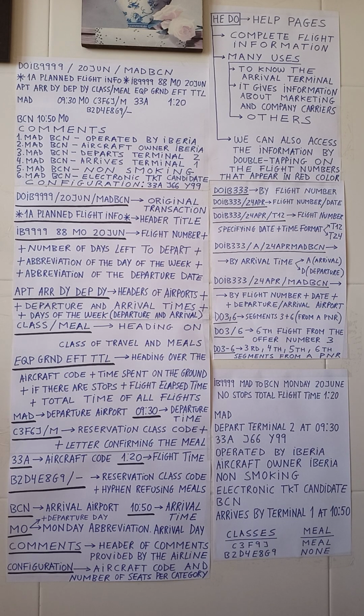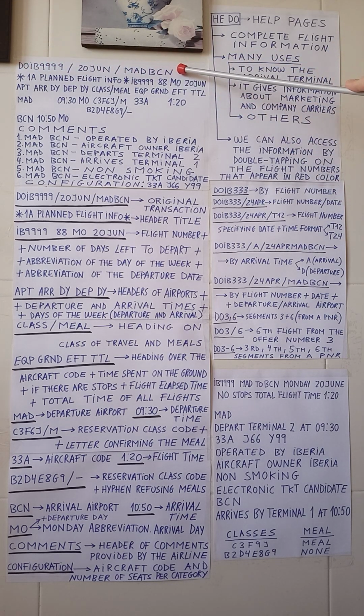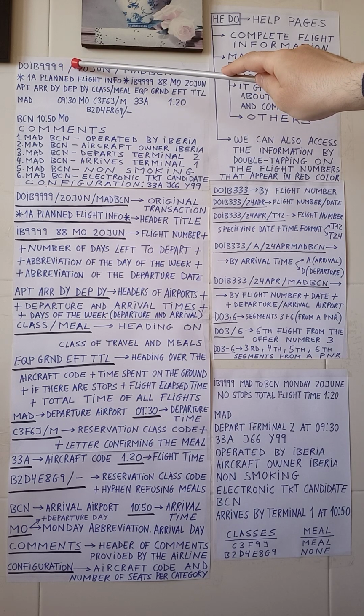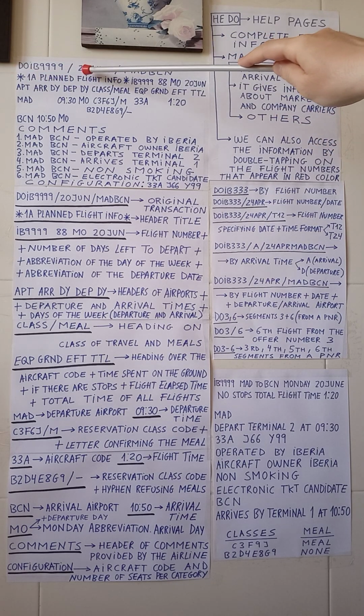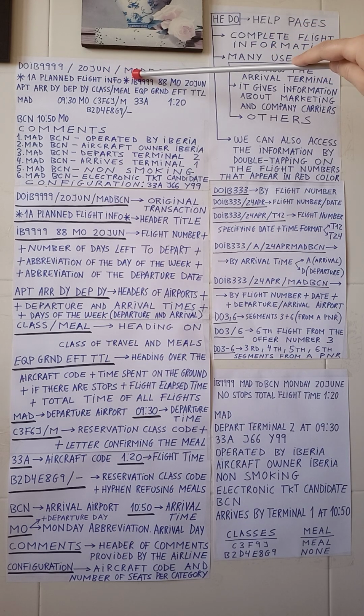Now I am going to comment on what a screenshot of the computer could be. On this page, we see a transaction at the top. DOIB999/20JUN/MADBCN.